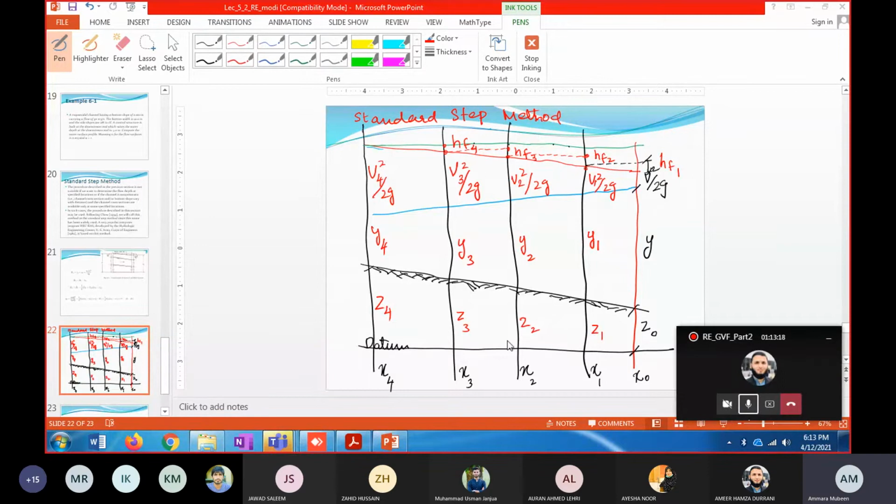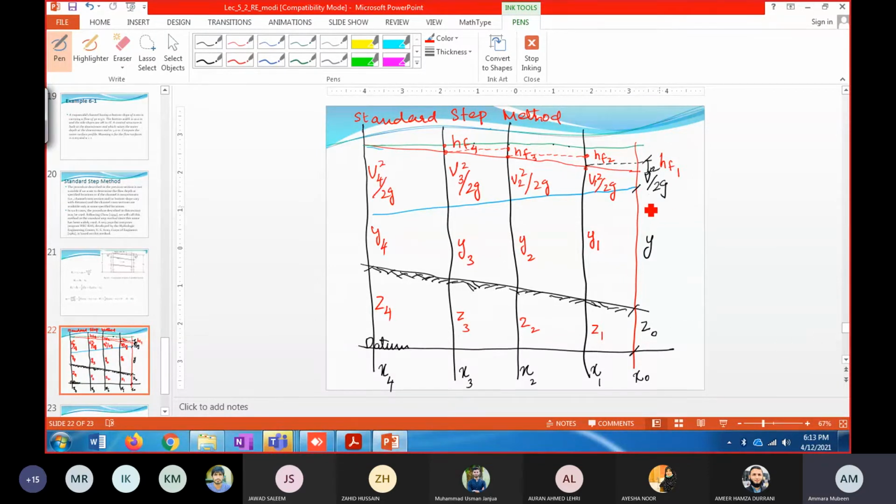Okay, according to the standard step method and using this figure, you can calculate the depth at various sections using two equations. Okay, so if this first section is at x naught distance, from here to here it is x naught, and these values are known to you at x naught.